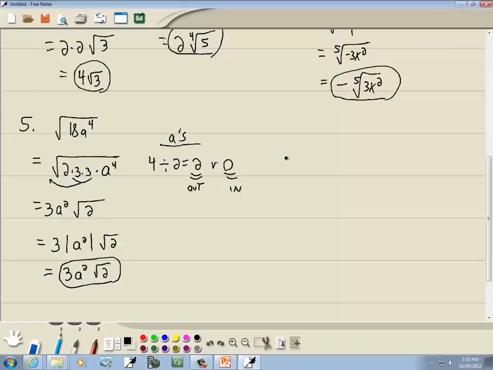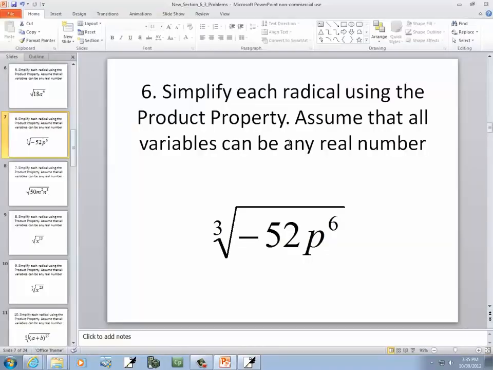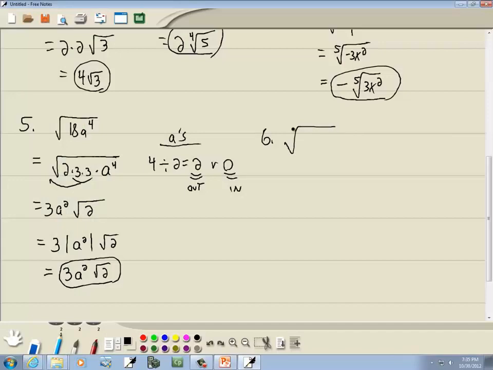Let's look at number 6. We've got the cube root of negative 52 p to the 6. Okay, let's look at the number. Well, first off, we got a negative, and we got an odd index.